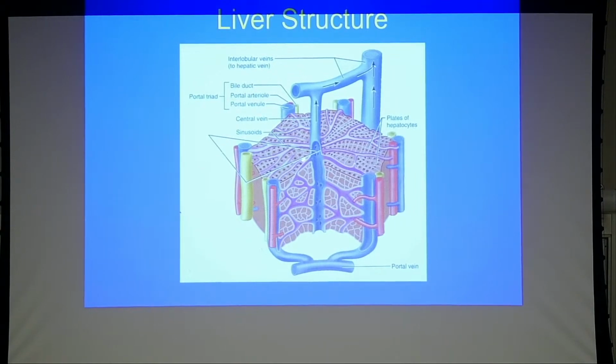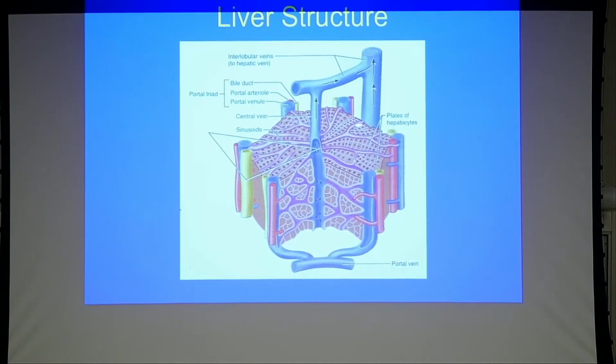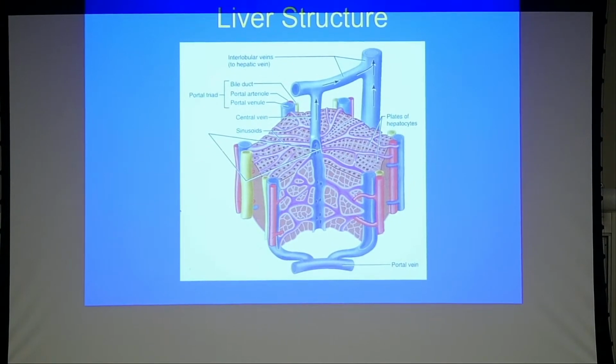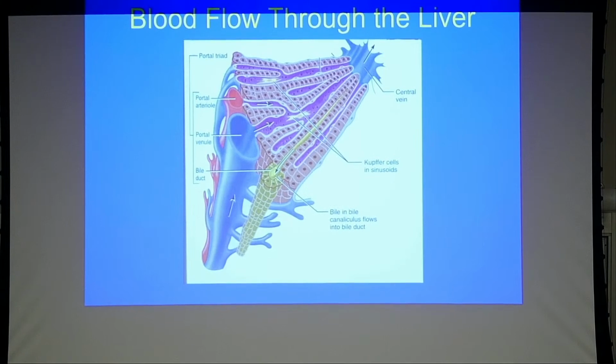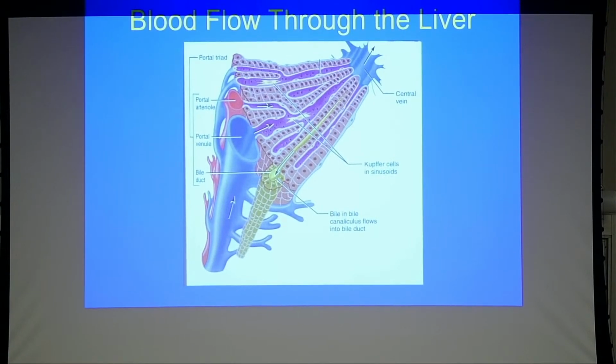And the sinusoids now are aligned right next to them with these thousands and thousands of hepatocytes. Then all this blood, which has come through the hepatocytes, now empties into the central vein and is drained out of the liver into the systemic vasculature. And we'll see a little later that that's where we're going to get high levels of glucose after a big meal. Now this is a close-up of the same area.